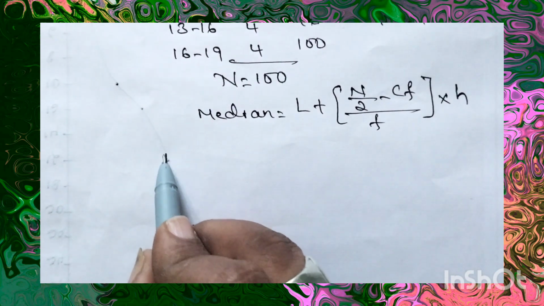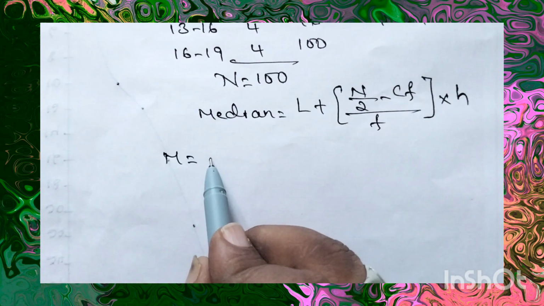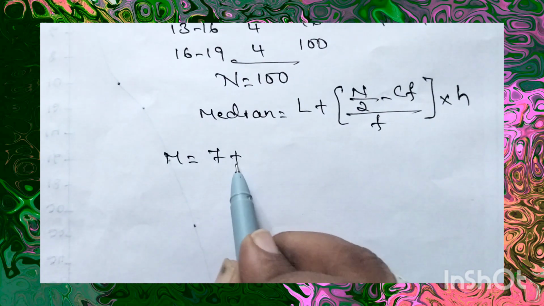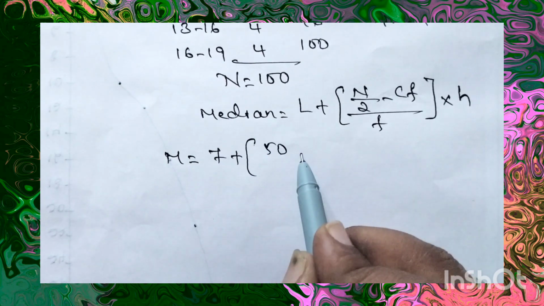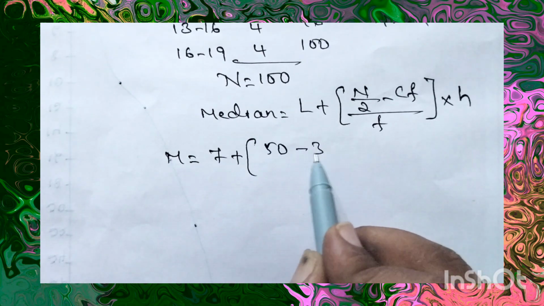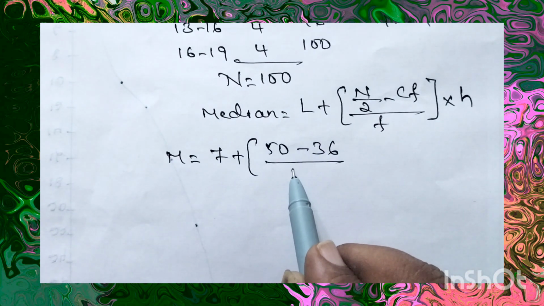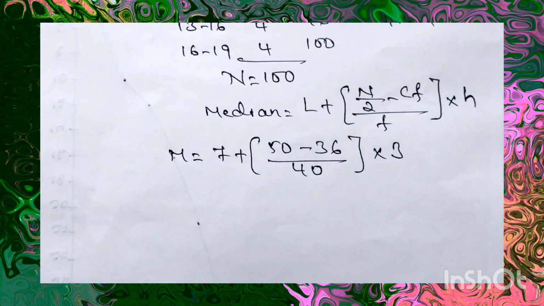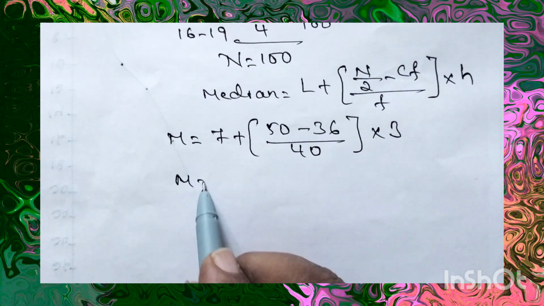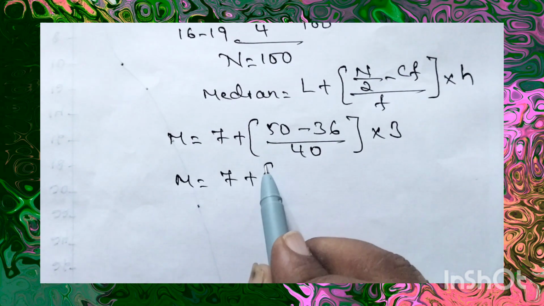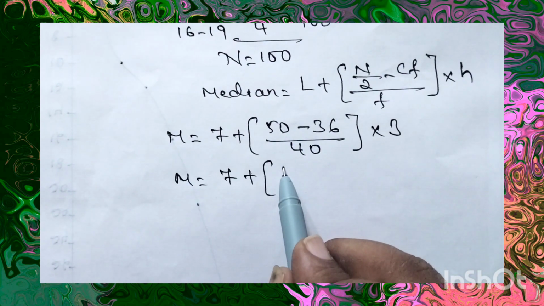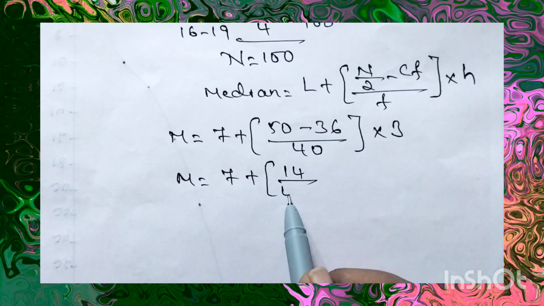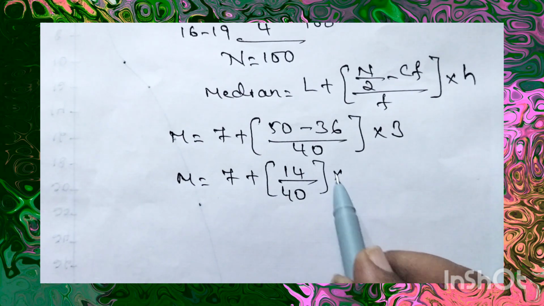So median is equal to L, that is 7, plus n/2, that is 50, minus CF, that is 36, divided by the frequency, that is 40, into the size of the class interval, that is 3. So median is equal to 7 plus, 50 minus 36 is 14, so 14/40 into 3.